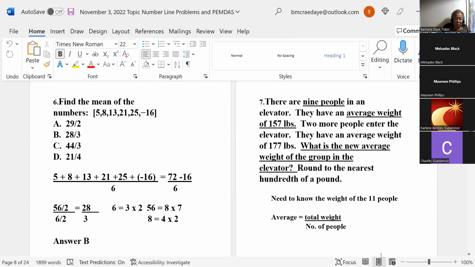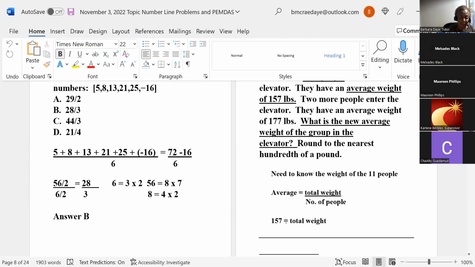What operation? Is that addition? No. For total? I know the average, let's just put it here. I've got 157. You multiply? That's it, Maureen. My total weight, I'll just put, because that's what we're looking for, right? My number of people is 9. So let's just put 9 underneath this. Now, if you want to find total weight, you want to multiply by that 9.